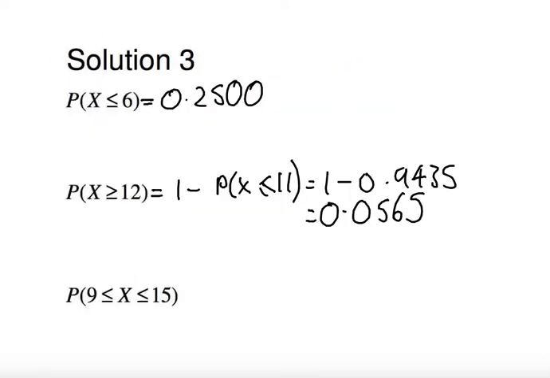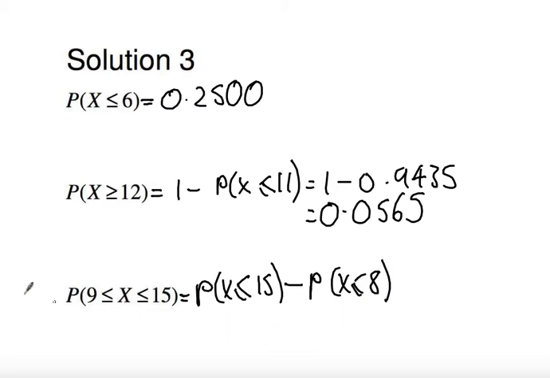So I'm looking at probability all the way up to this end value, but I don't want all the values up to but not including 9, so I'm going to subtract probability x less than or equal to 8.